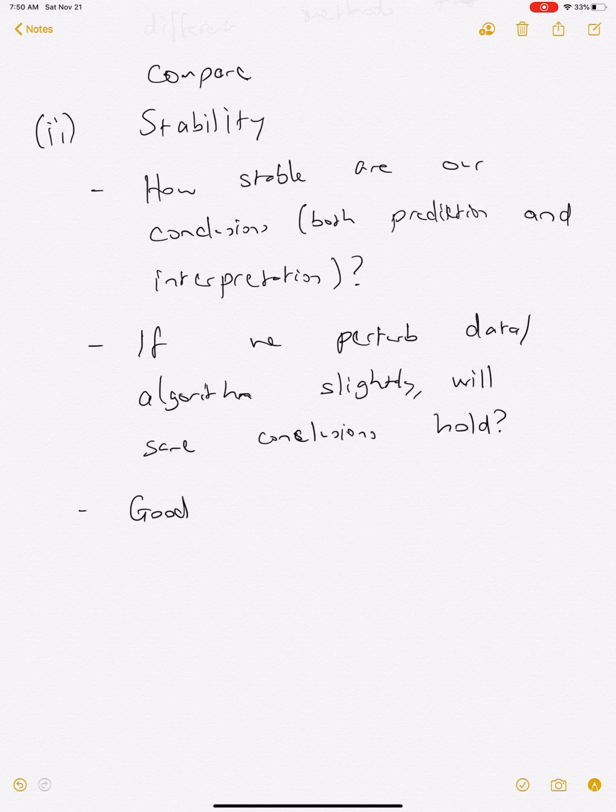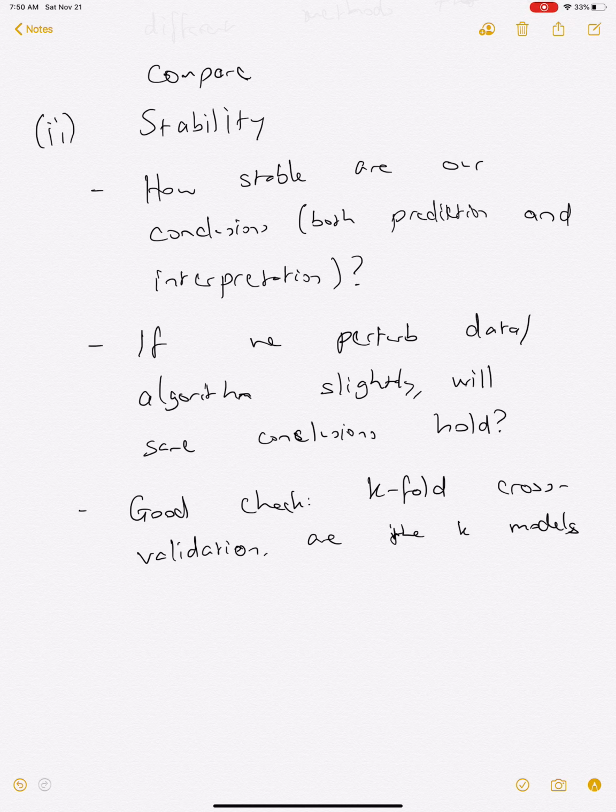A good check, which I did touch on briefly in the previous lecture, is if you do k-fold cross-validation, are the k models similar or different?